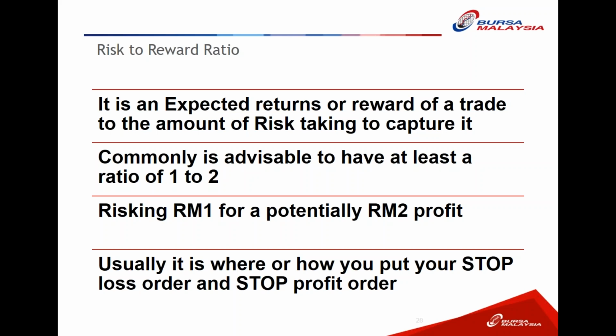Of course, from there you can calculate your expectancy, which is, every time you go in, how much money you expect to make. So what it means by 1 to 2 is, let's say if you risk 1 ringgit, you will have a profit of 2 ringgit. That's how you define your risk to reward ratio. Usually it's where or how you put your stop loss order and stop profit.